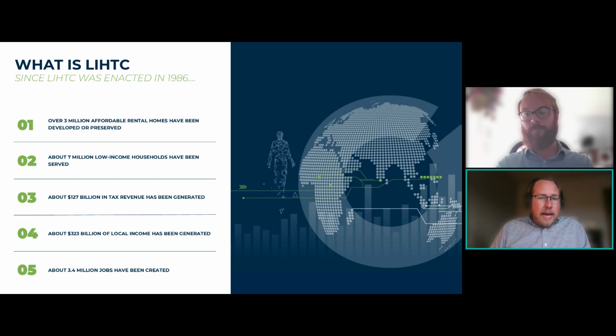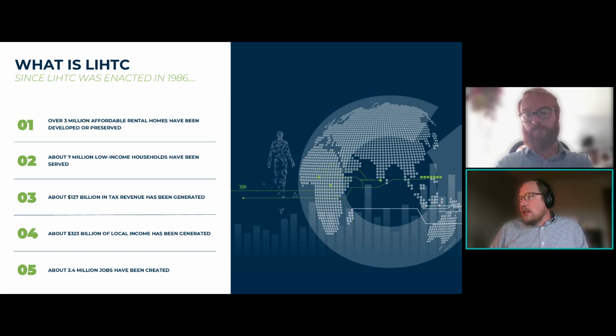As you can see from some of the stats listed here, it's a widely popular program due to these factors. Over 50,000 development projects have used LIHTC since its inception, and on average, around 40 to 70,000 units are added every year to the housing supply via LIHTC mechanisms. So it's got bipartisan support across the board, which is why the program's so popular here.